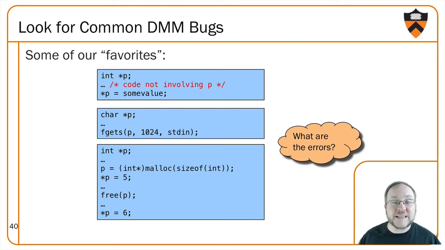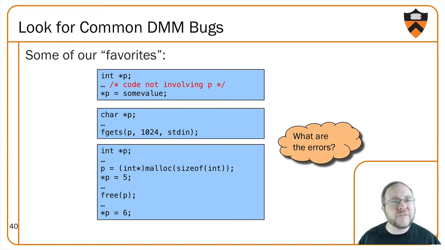So the result is either an inadvertent change to your program's data, or a segfault if it happens to point somewhere that you can't access. Number 2 is similar. It's more subtle because we don't see an asterisk to do an explicit dereference, but we call a function that will dereference our pointer. So it's still the dereference of a dangling pointer and still has that inadvertent change to your program's data or a segfault.